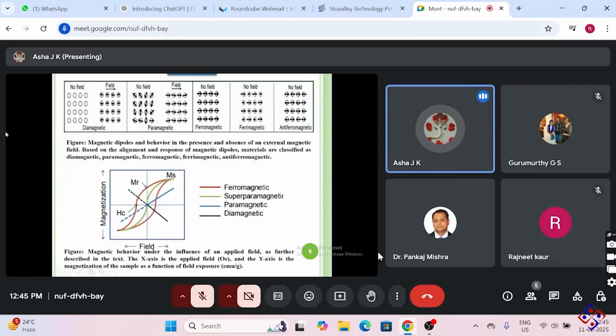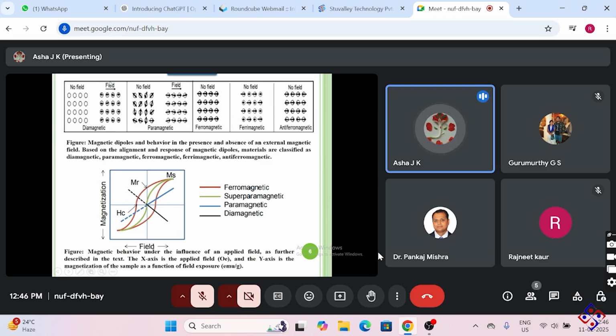And this figure illustrates the behavior of magnetic dipoles in different types of magnetic materials, like diamagnetic, paramagnetic, ferromagnetic, ferrimagnetic, and antiferromagnetic. In a diamagnetic material, when there is no magnetic field, dipoles are randomly oriented, so it shows no net magnetization.